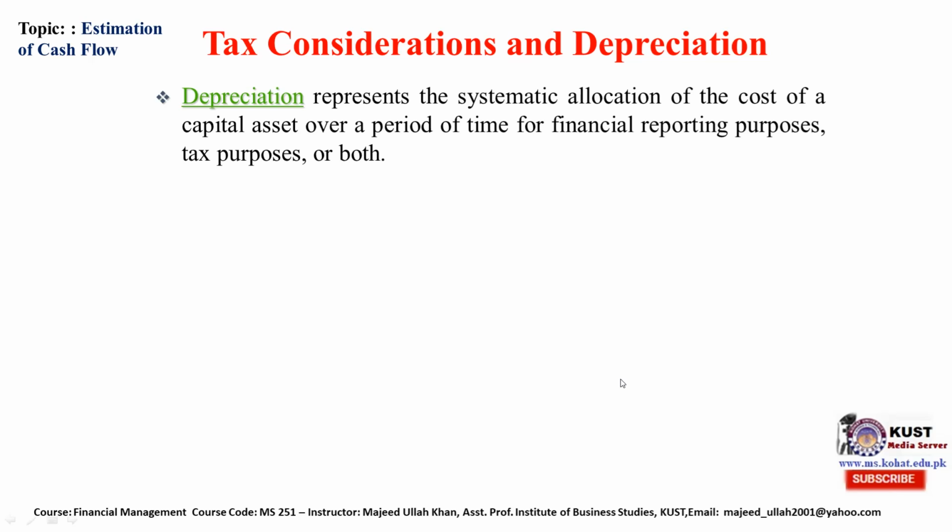Capital assets are those assets whose cash flows are expected beyond 1 year, such as land, structural improvements on land, building, machinery, etc. So these are fixed assets, non-current assets in other words.